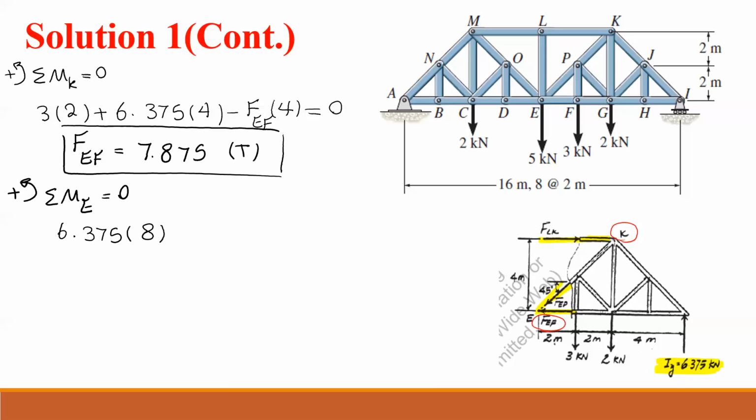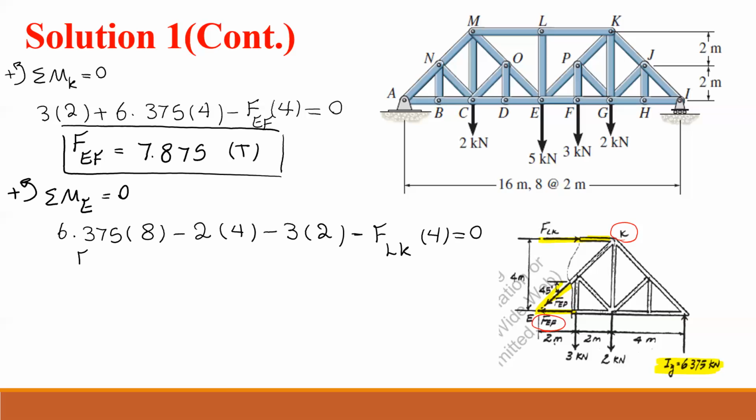It makes counterclockwise moment, it's positive. I have 2 kilonewton, multiply the distance, which is 4, makes clockwise moment. Similarly for 3, and FLK, multiply the distance, which is 4 meter, equals 0.